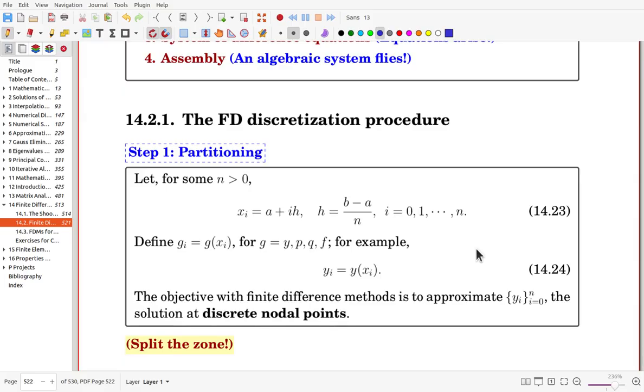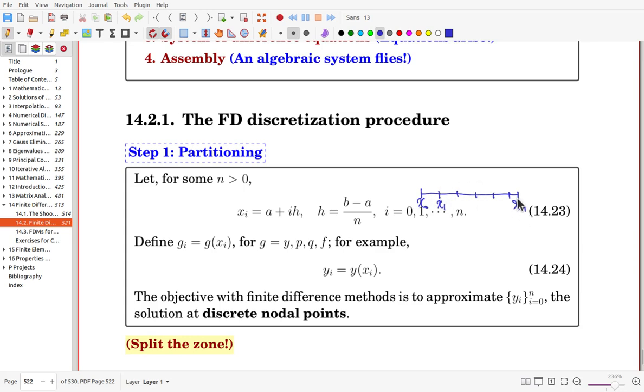Okay, let's begin with step 1, partitioning. We try to partition the interval into equal subintervals. So h is now (b minus a) over N. So we try to chop the domain from a to b into N equal subintervals here, like that. So the first one is x0, and the next one is x1, and then there will be xn.